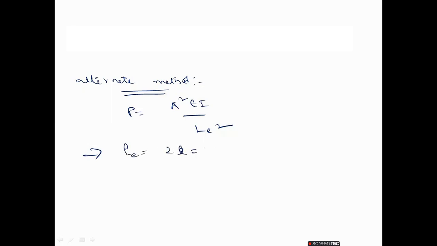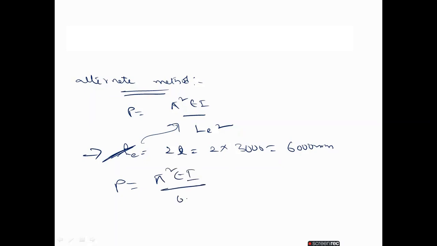Yesterday in class I told you clearly, we have four conditions, and for four conditions, four formulas are there. So here 2 into 3000 we will get 6000 mm. Now substitute the effective length into the above equation, that is pi square EI by 6000 square. Pi square into 2 into 10 to the power of 5 into 30.68 into 10 to the power of 4 by 6000 square.